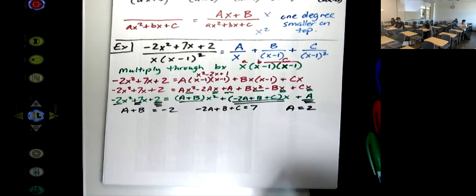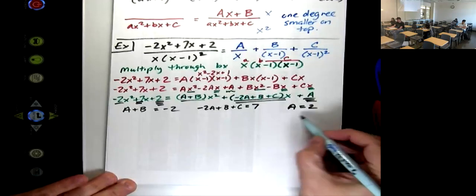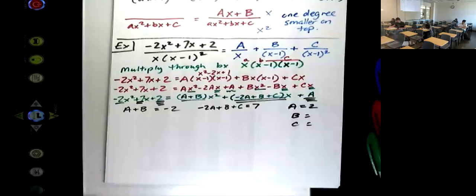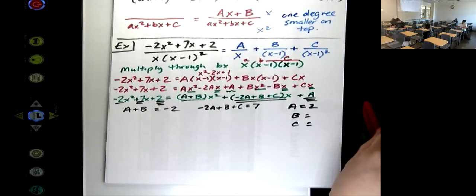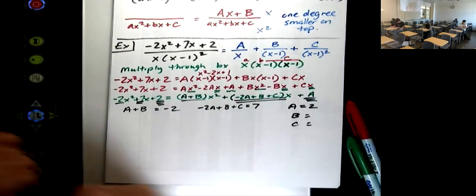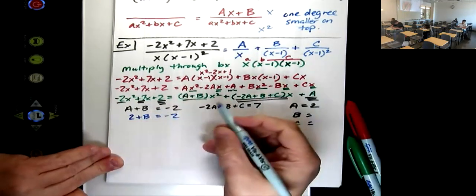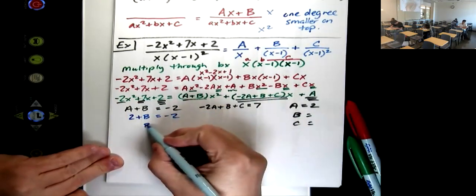Because now I've got A, I need B, and I need C. Well, I know A equals 2, so I can plug that in over here. 2 plus B equals -2. So B equals -4.